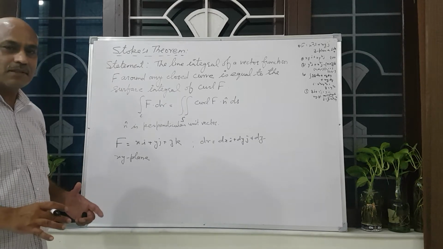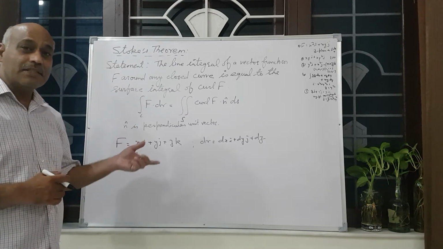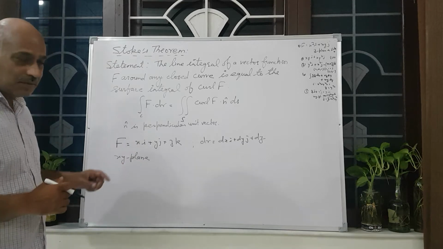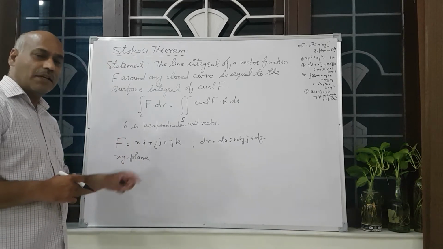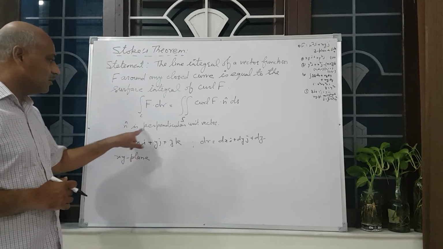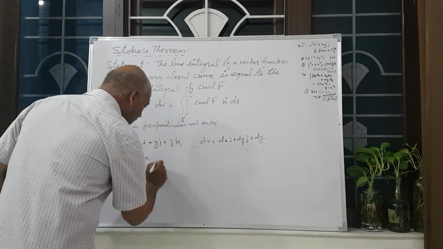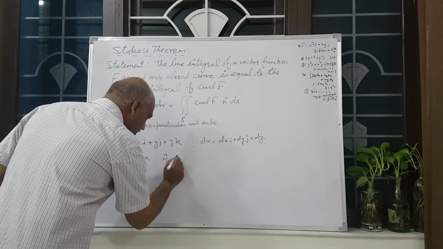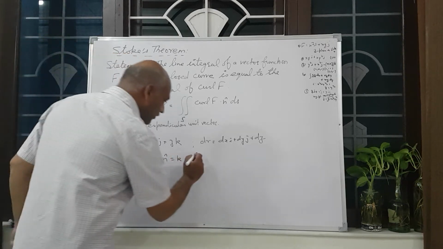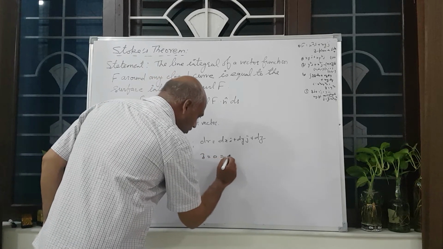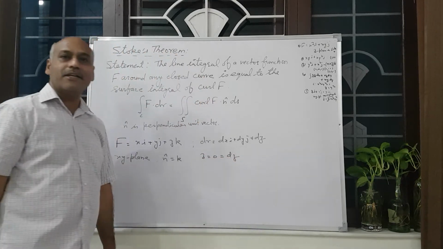So in the xy plane, the perpendicular unit vector n cap is k, since the perpendicular of the xy plane is z. So here n cap is equal to k, and in the xy plane z is equal to 0, and dz is equal to 0.